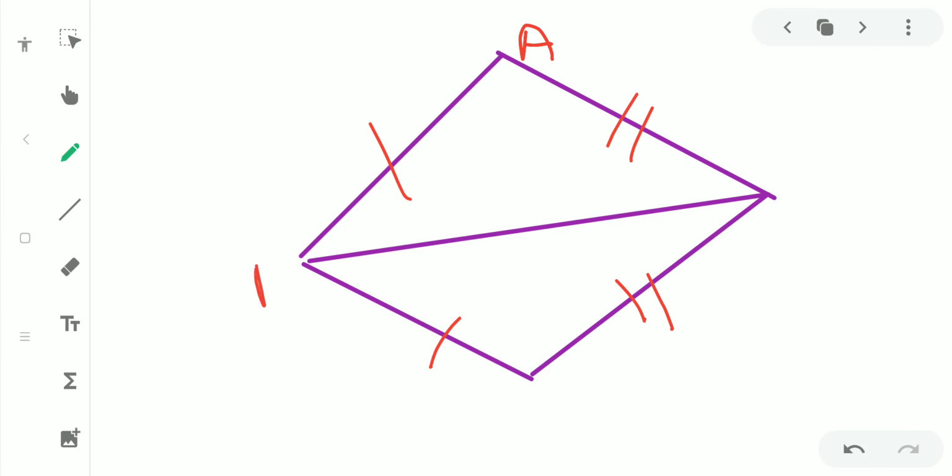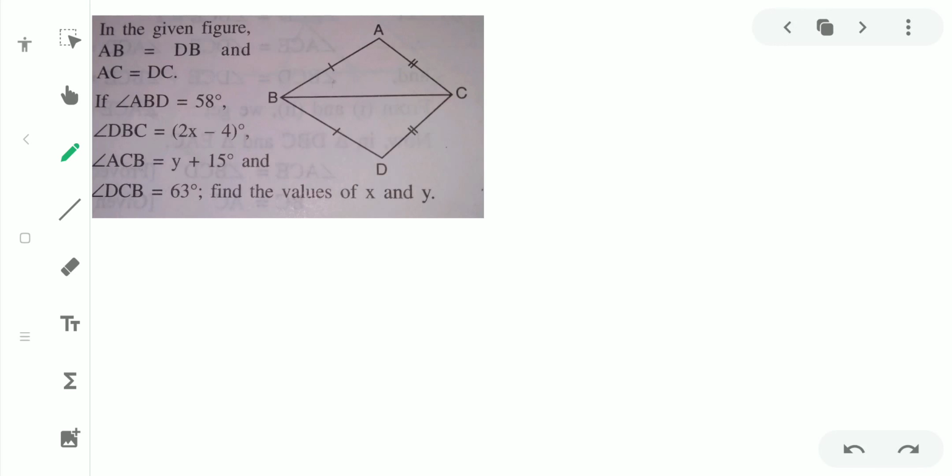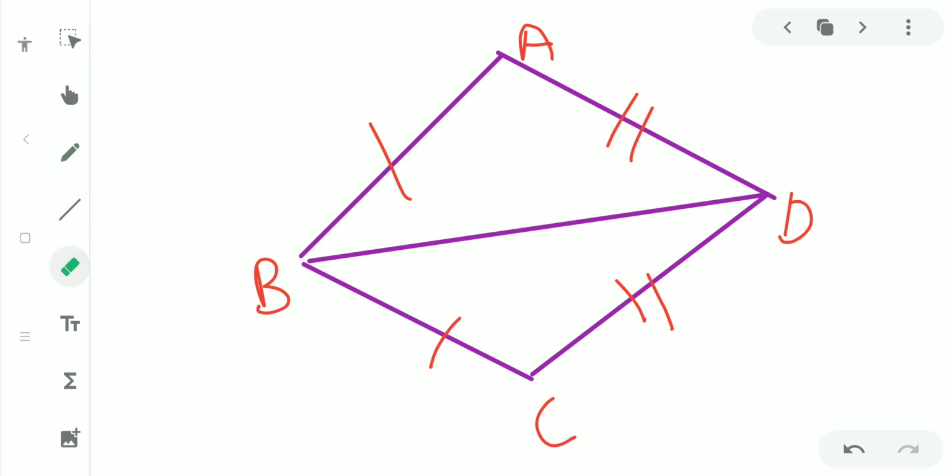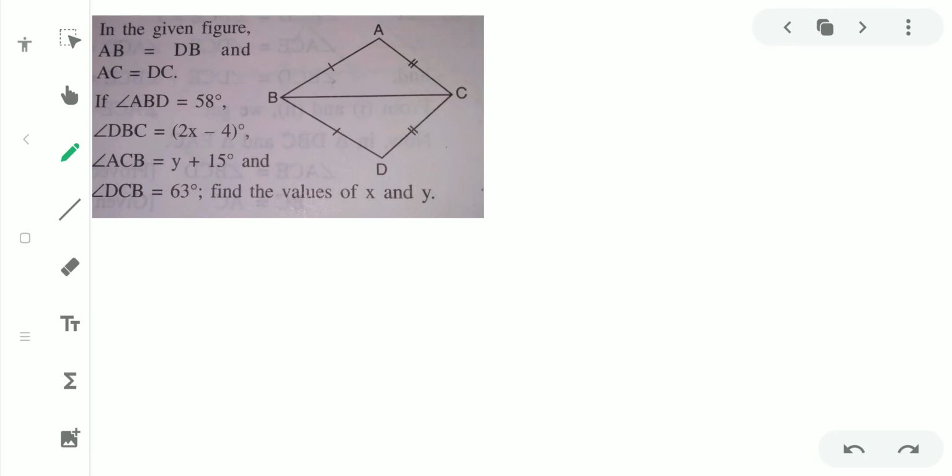A, B, C, D. Here we are having C and here we are having D. And angle ABD is given 58 degree. Angle DBC is given 2x minus 4 degree. And angle ACB is given y plus 15 degree. And angle DCB is given 63 degree.